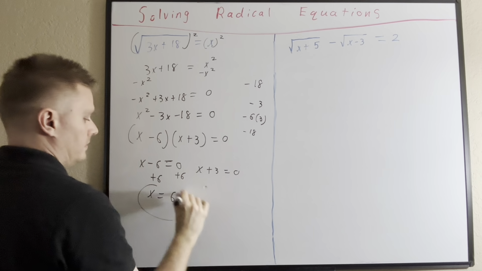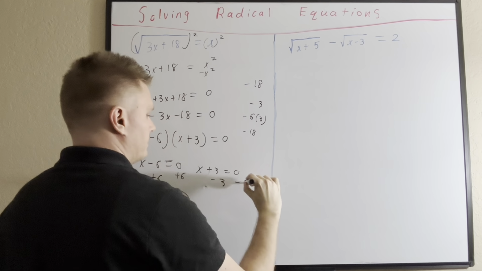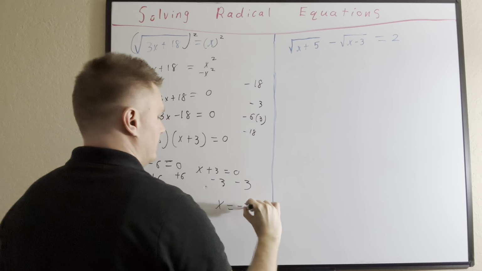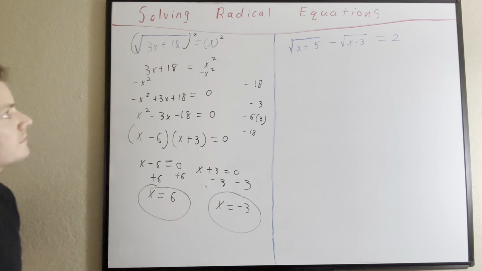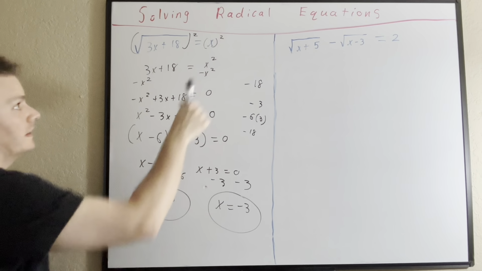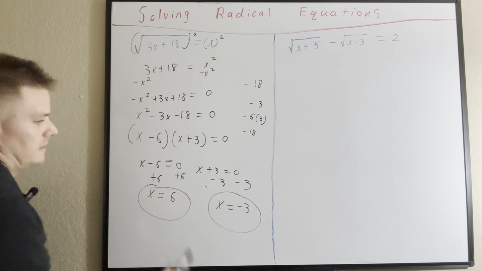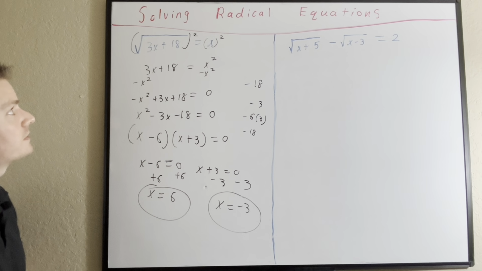X equals 6, that's one answer. And x equals -3, that's the other one. Okay, so far not so bad, right? And we had an x squared at some point, so we should expect 2 answers.